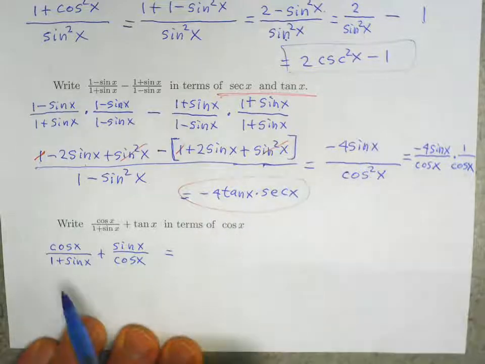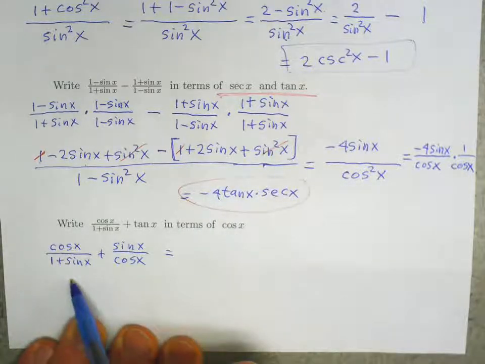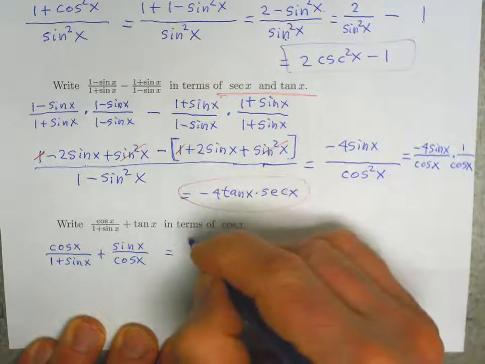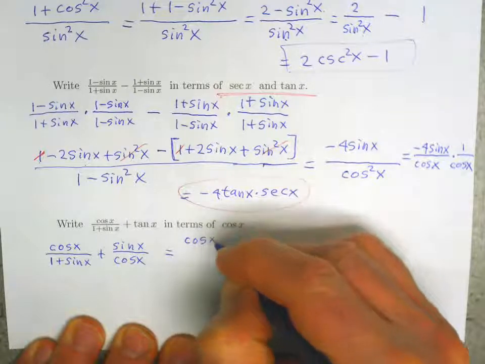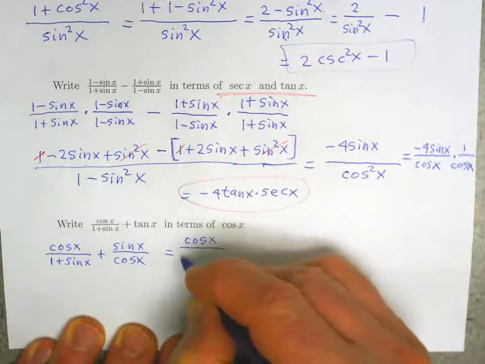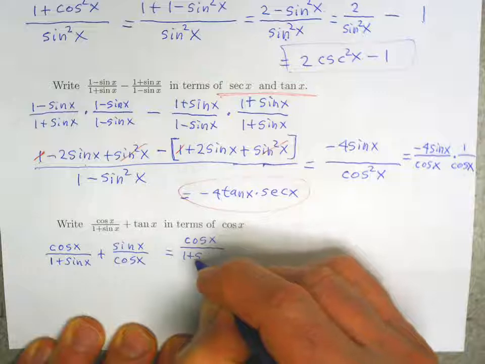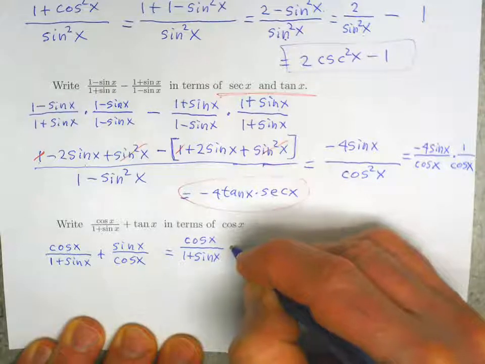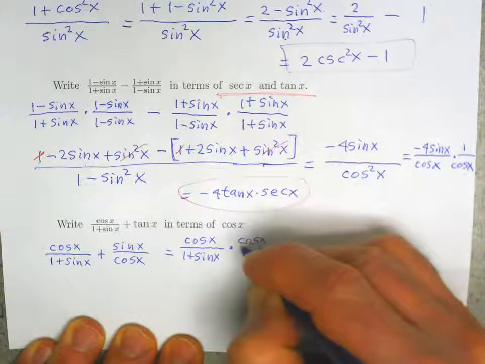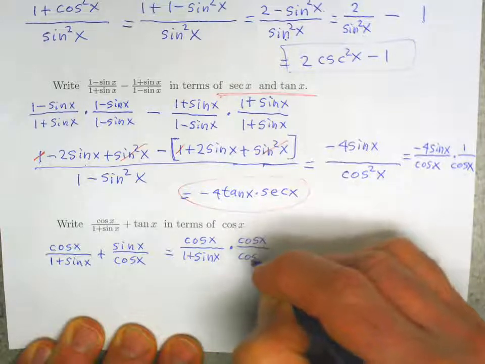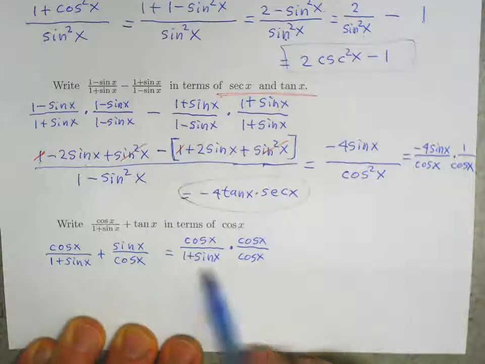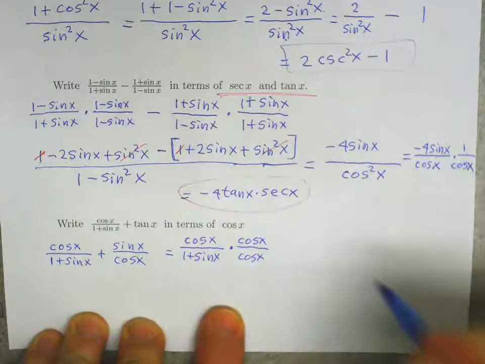And the least common denominator is 1 plus sine of x times cosine of x. So we'll multiply cosine of x over 1 plus sine of x. We'll multiply that by 1 in the form cosine of x over cosine of x. Right, because the least common denominator is 1 plus sine of x times cosine of x.